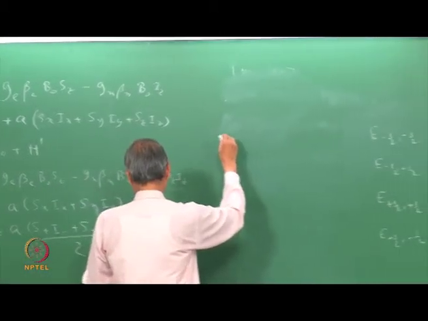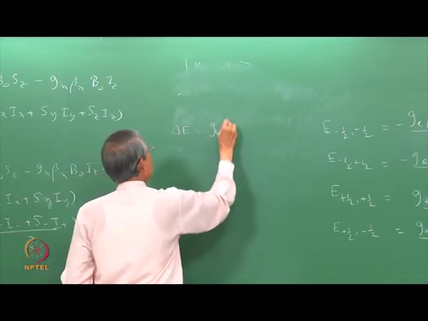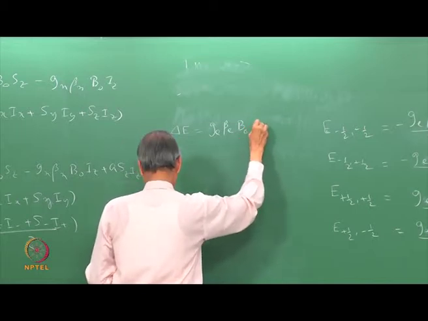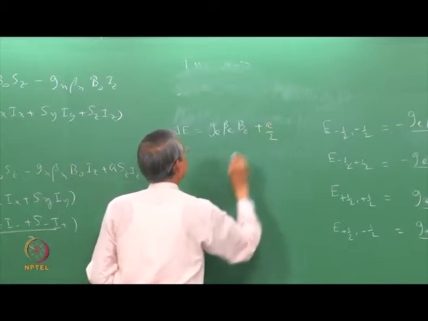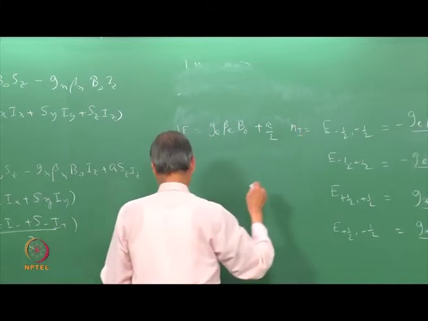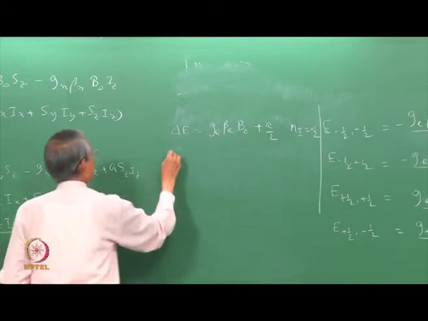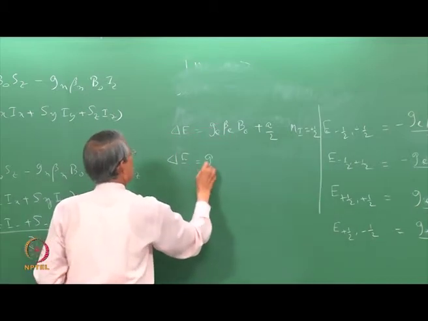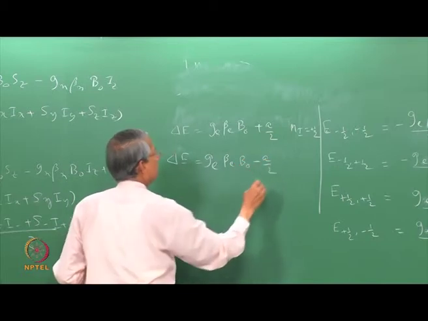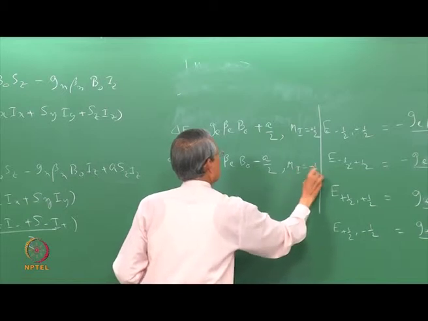One delta E turns out to be g_e beta_e B_0 plus A by 2. This is for M_I equal to plus half. The other delta E is equal to g_e beta_e B_0 minus A by 2. This is for M_I equal to minus half.